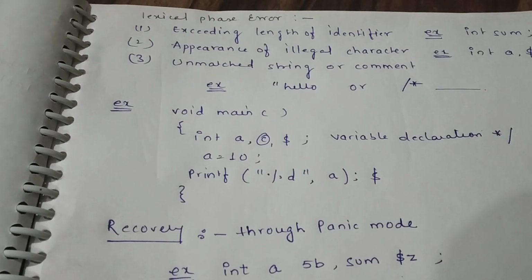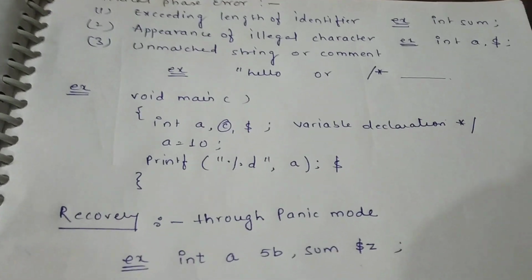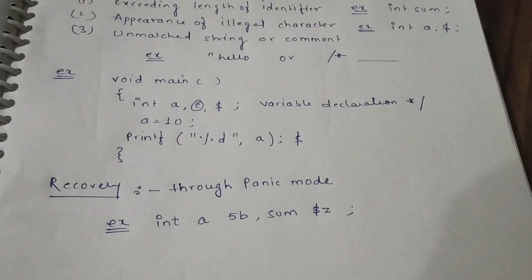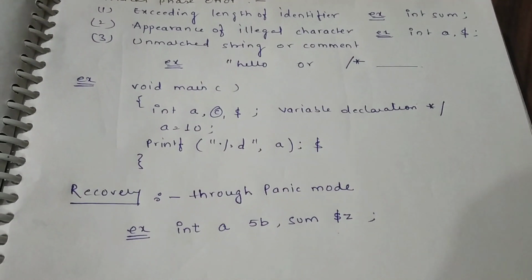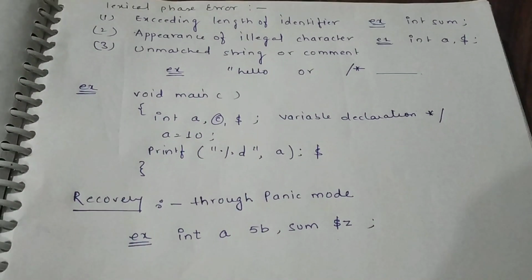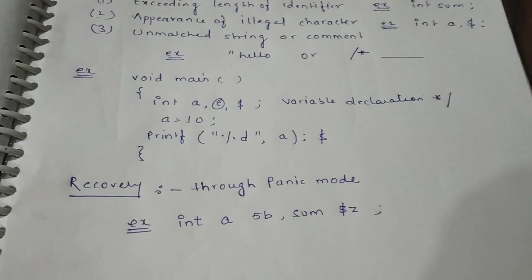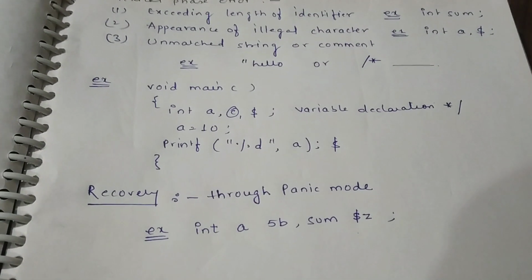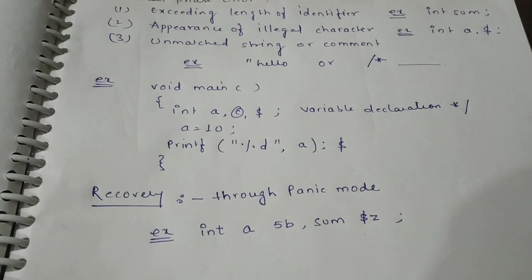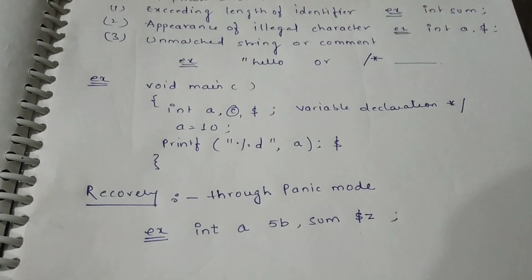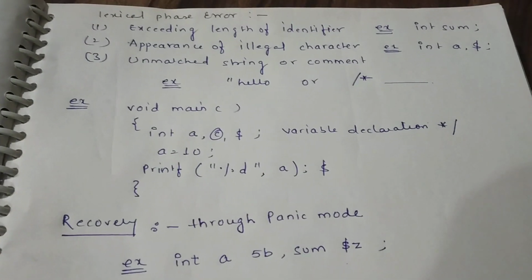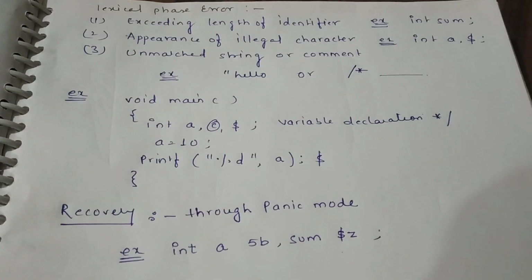Then this is not acceptable in C language. It is not allowed in C language. The error handler detects the length of the identifier, reports it, and recovers it by either discarding or showing some message like variable length exceeding. The next error is appearance of illegal characters.